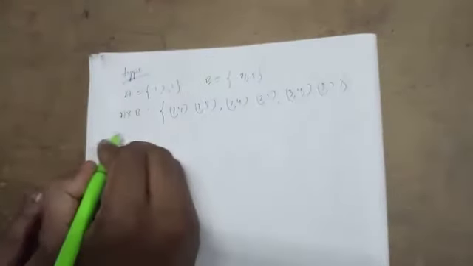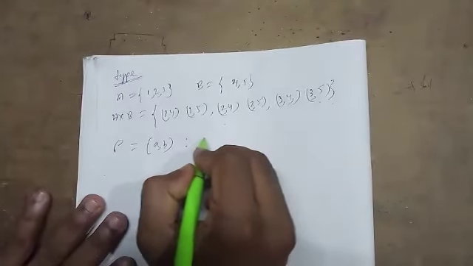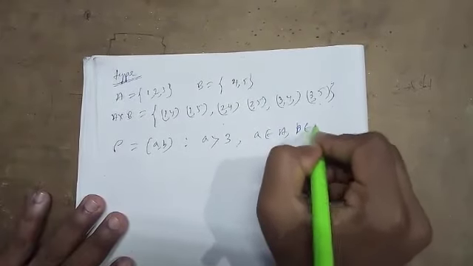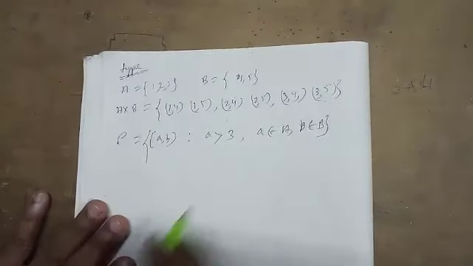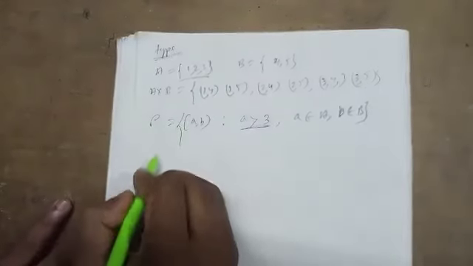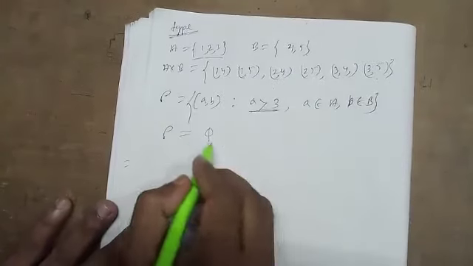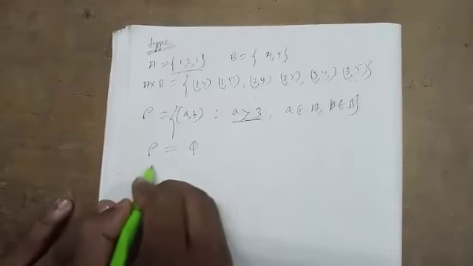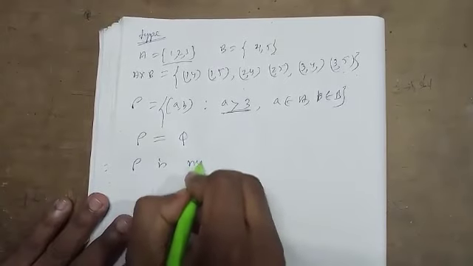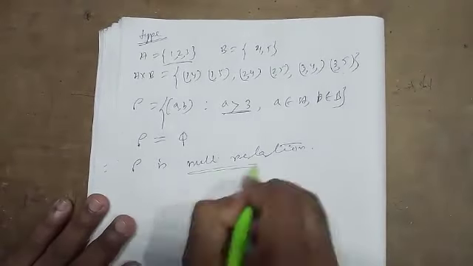Now let us define a relation rho of (a, b) such that a is greater than 3, and a belongs to A, b belongs to B. Is there any element a greater than 3? No. So rho, that means the relation, will be equal to the empty set. That means no element is contained in this relation. In this case we say rho is the null relation.